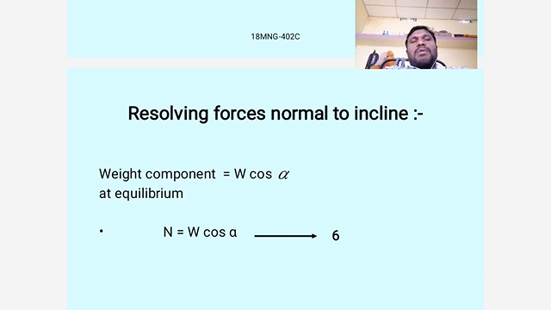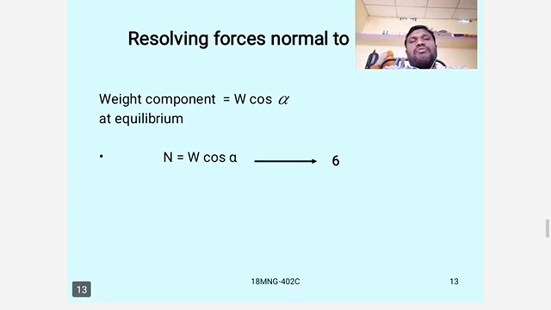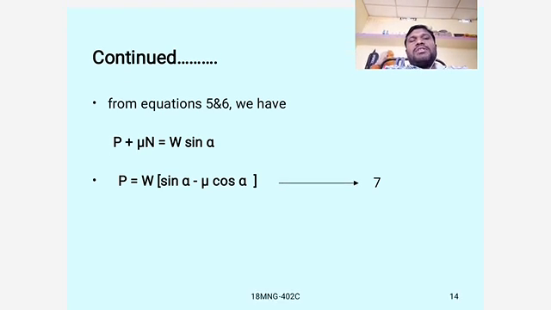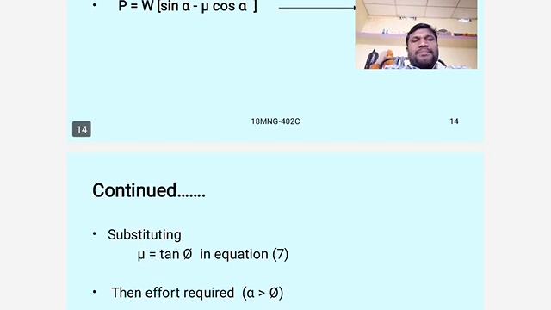N is the normal reaction, N is equal to W cos alpha, equation 6. From equations 5 and 6 we have P plus mu N is equal to W sine alpha. P is equal to W into sine alpha minus mu cos alpha, equation 7.